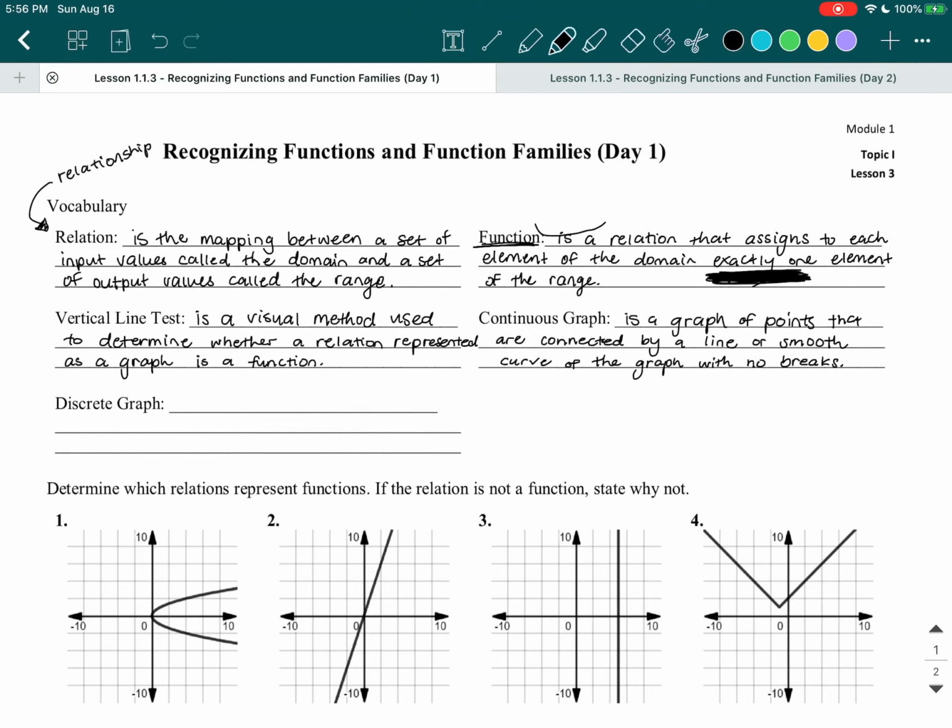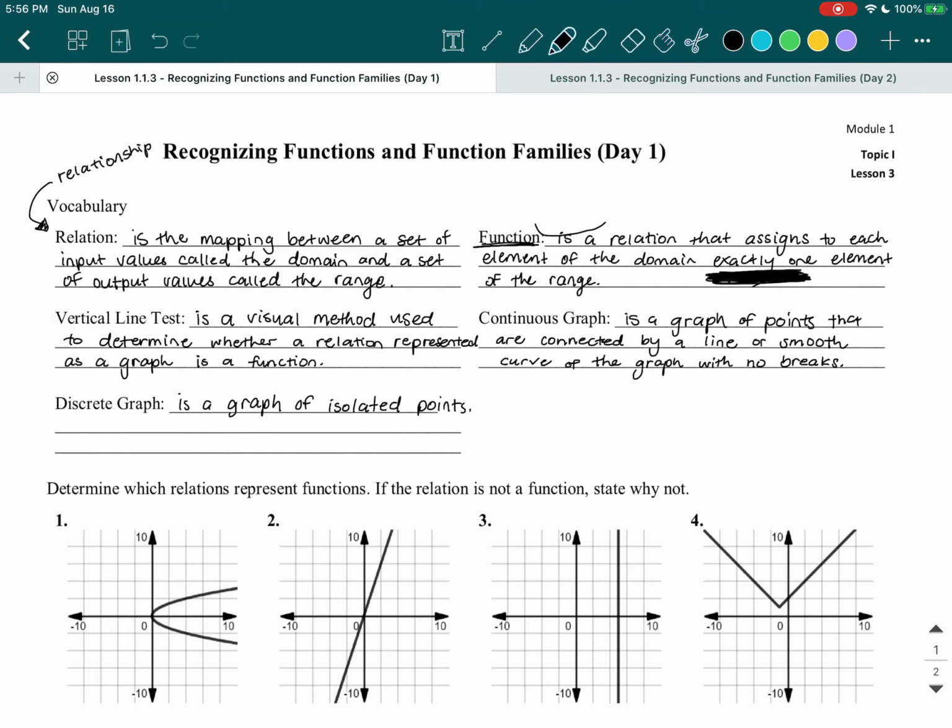Okay, and the opposite of a continuous graph is a discrete graph, in which it is a graph of isolated points.